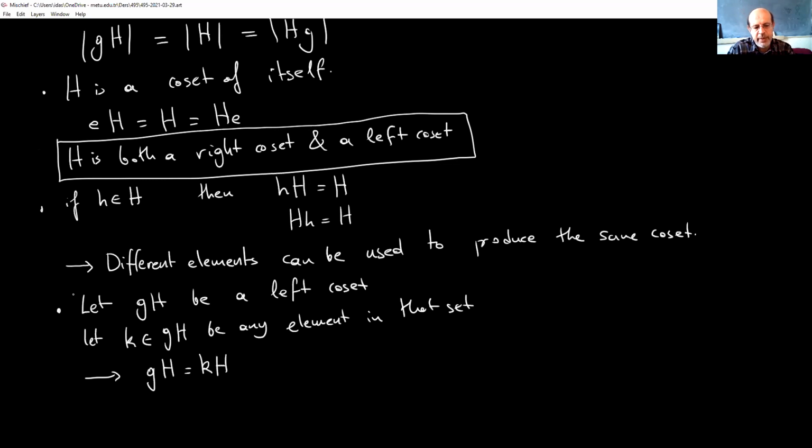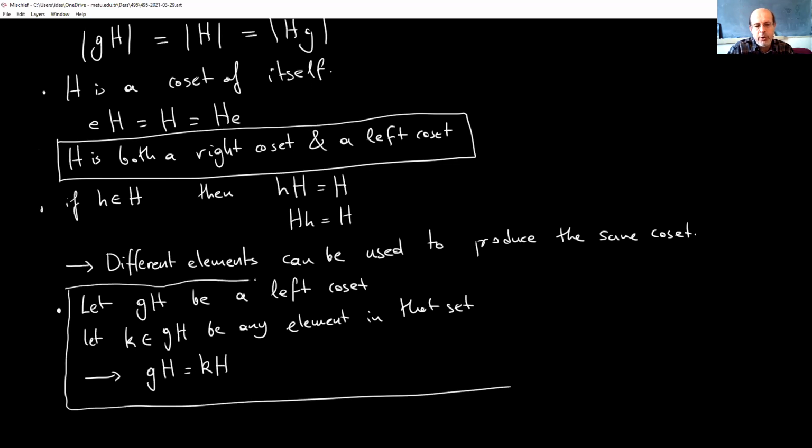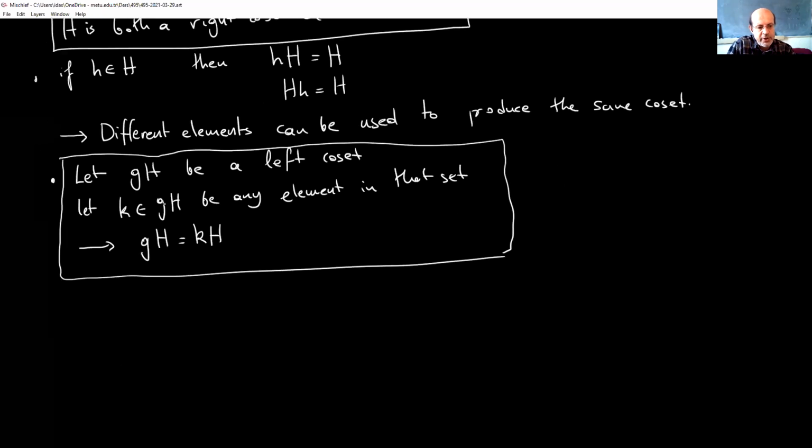This is actually a theorem, so let me just box this. So if I have a coset, doesn't matter what it is, so I have a set, and I know that this is a coset. I would like to generate it by multiplying an element with the group, and basically any element of that coset is going to do. This is kind of abstract, but in the examples we are going to actually see some nice examples of these. But I'm just going to show it like this. So the idea in here is this. So this is kind of the proof.